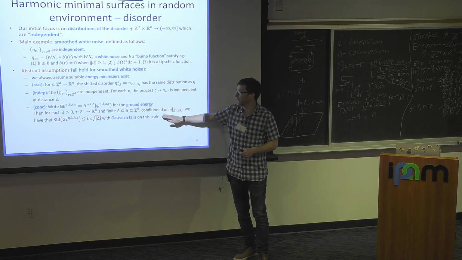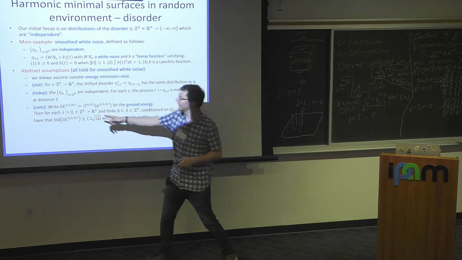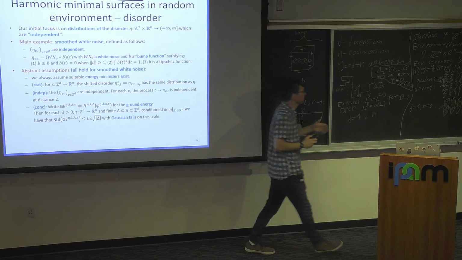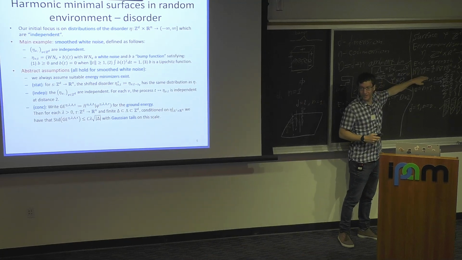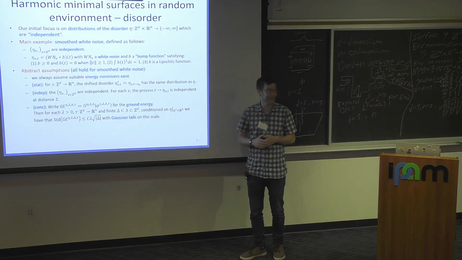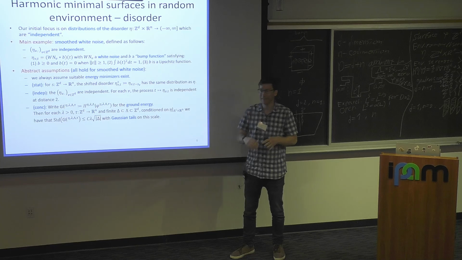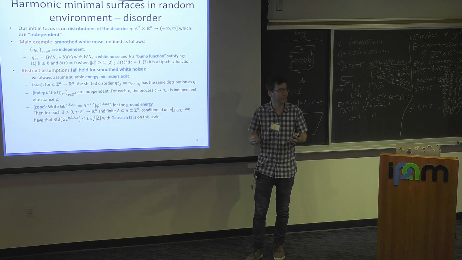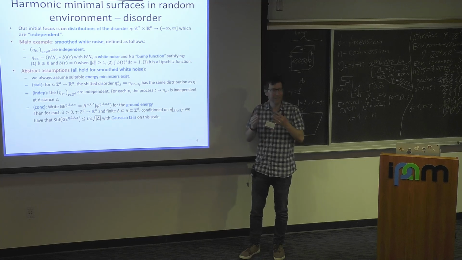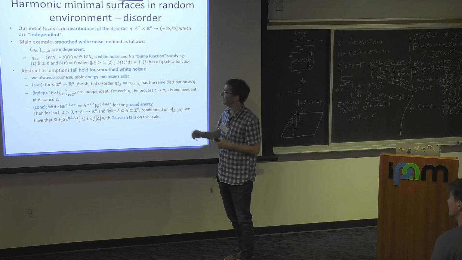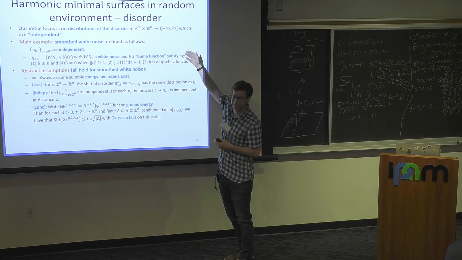You may say that's some kind of cheating because we're looking at the minimal energy, which is one of the main objects of study, and we're making assumptions on it. You may say that's cheating, but the assumption we're making is rather mild. It is the kind of concentration you get from Hoeffding's inequality or Talagrand's inequality. It is the kind of basic concentration that everyone has at hand for all these examples. Indeed, it is easily verified in this example too.